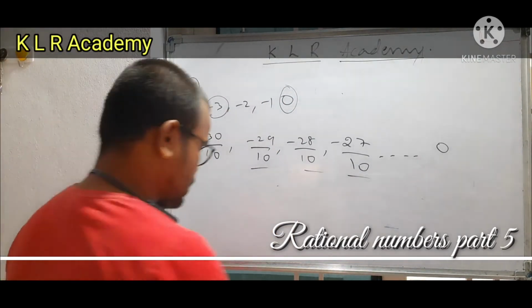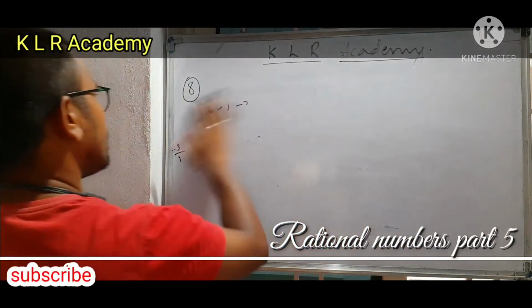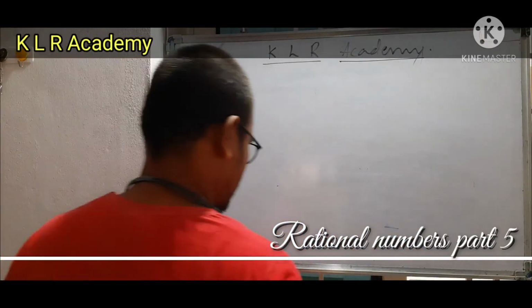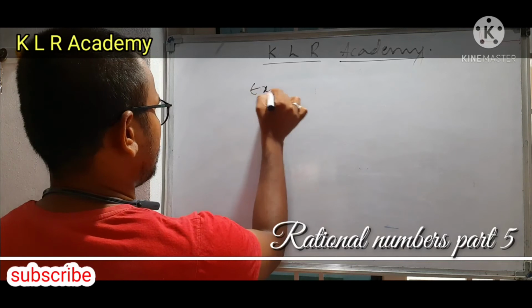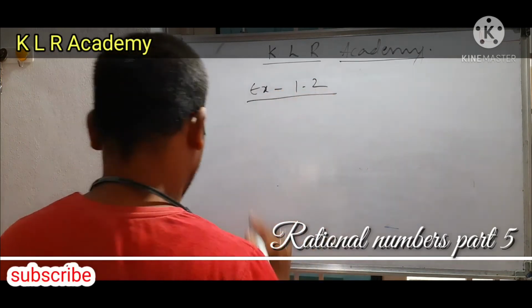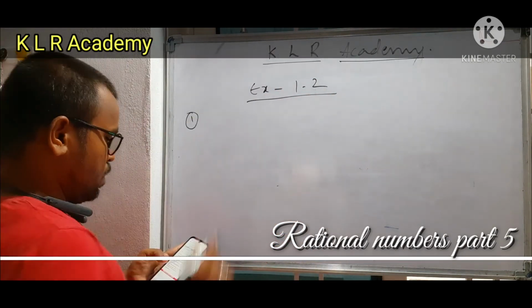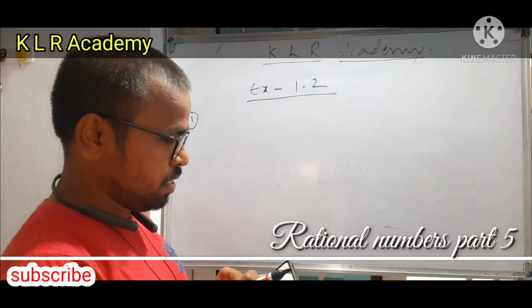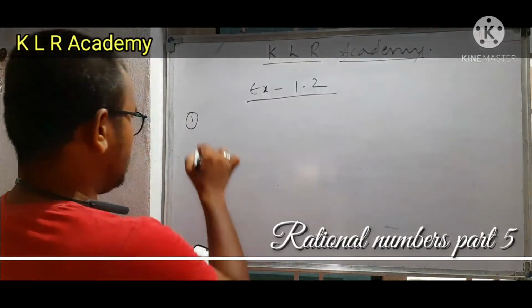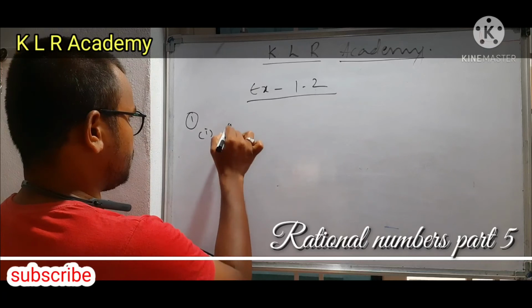Next, we move on to exercise 1.2. First question. Represent these numbers on number line. First one is 9 by 7.